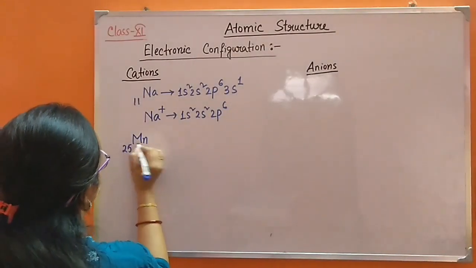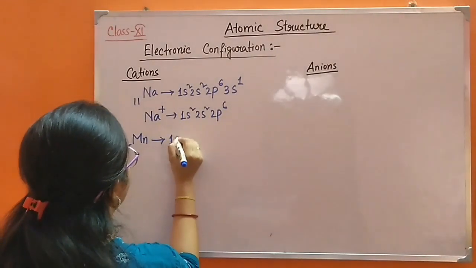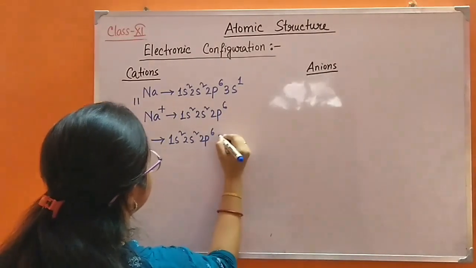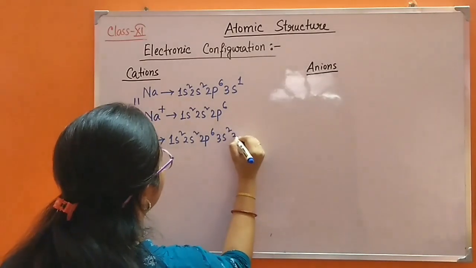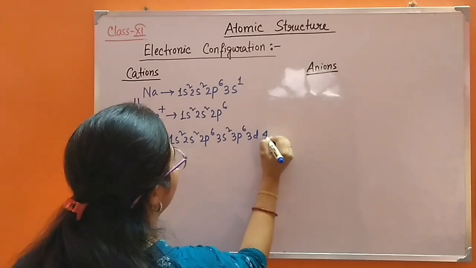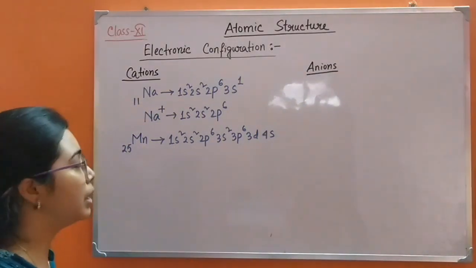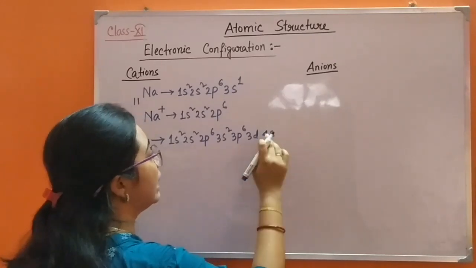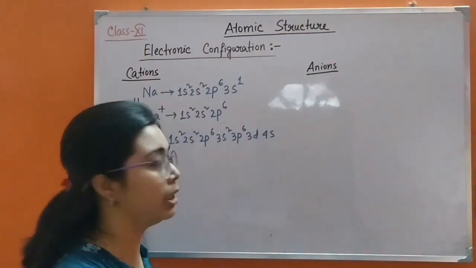Manganese, atomic number 25, and electronic configuration is 1s2, 2s2, 2p6, 3s2, 3p6, 3d, 4s. From the Aufbau principle, we know that first electrons will come in the 4s orbital, then the 3d orbital will be filled up.